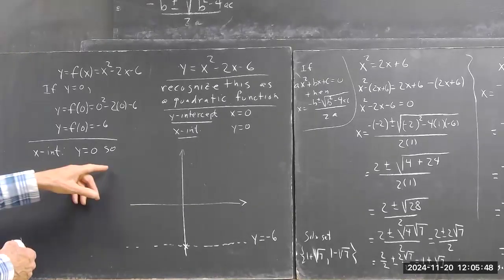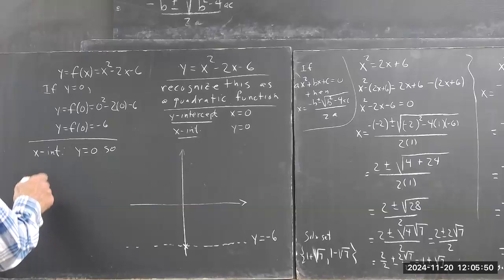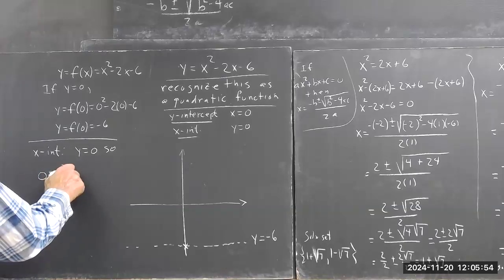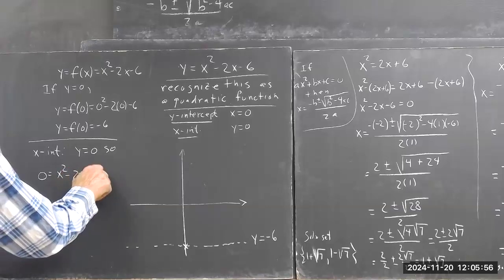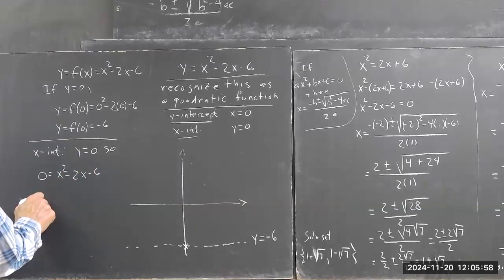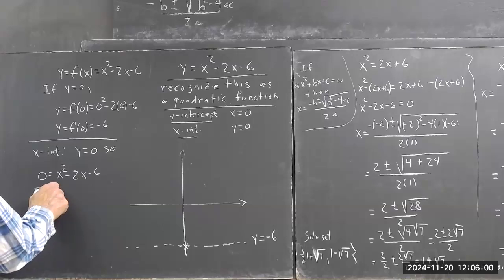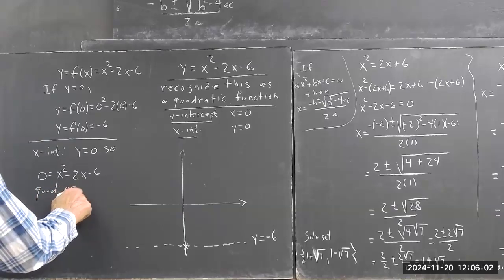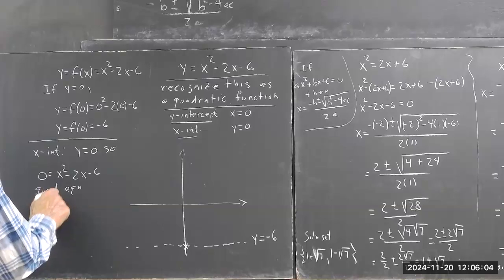Okay, so x-intercept, y equals 0, so quadratic equation.